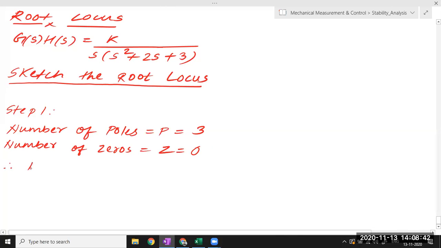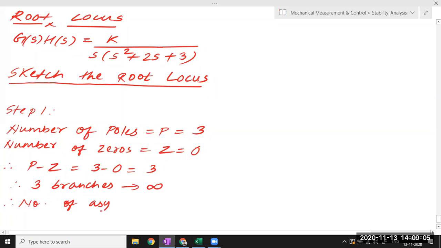Next thing that we can do is P minus Z is equal to 3 minus 0 is equal to 3. Therefore, how many branches will approach infinity? 3 branches will approach infinity. And if there are 3 branches, how many asymptotes should there be? 3 asymptotes.